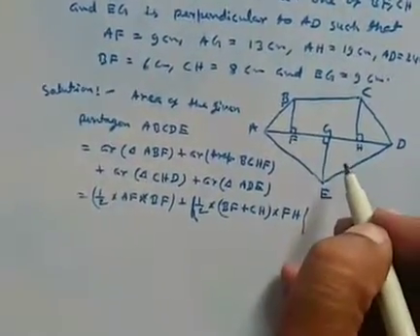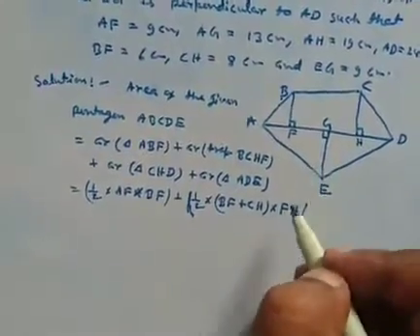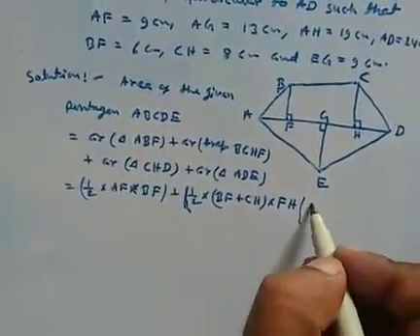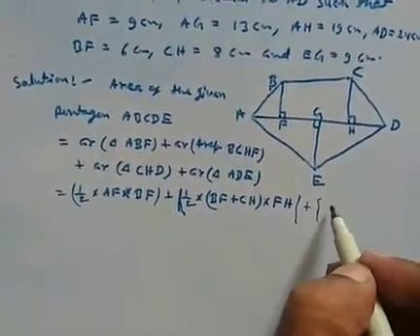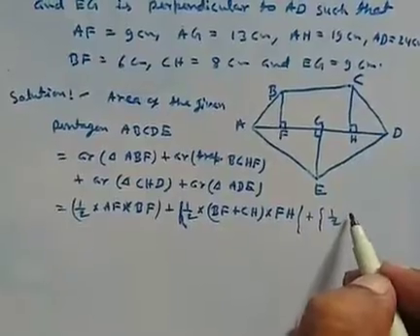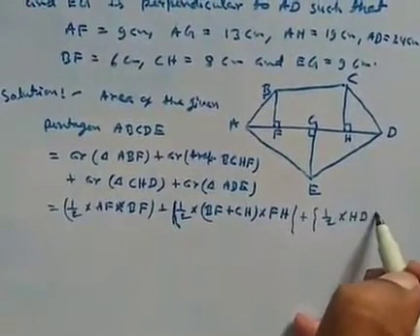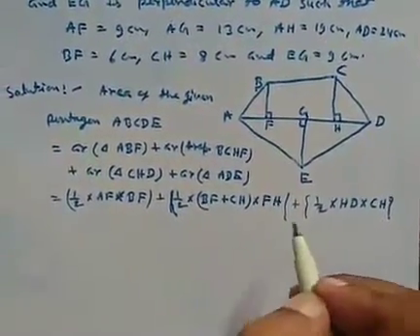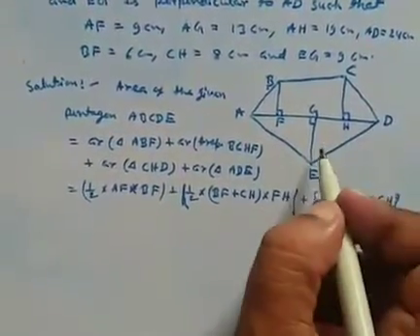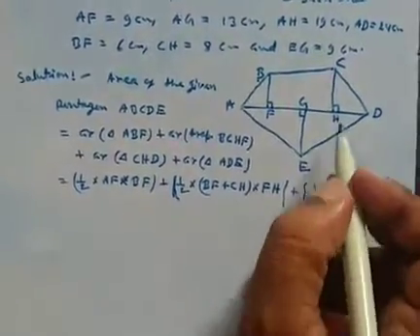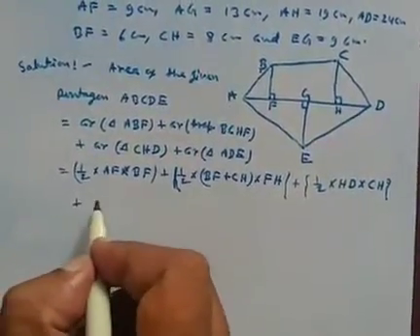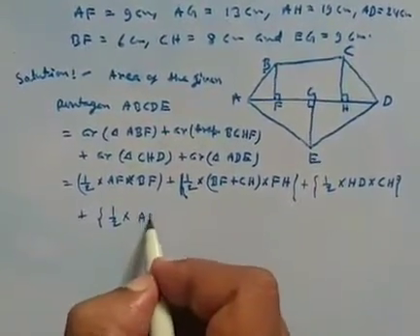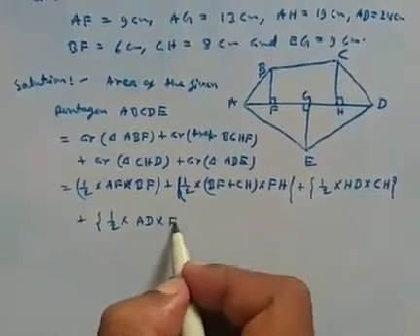BF and CH are parallel sides and FH is the height of trapezium, plus half into HD into CH. This is the area of triangle CHD, plus half into AD into EG.